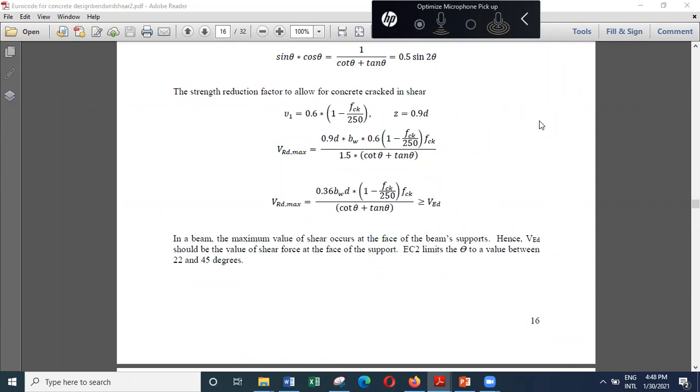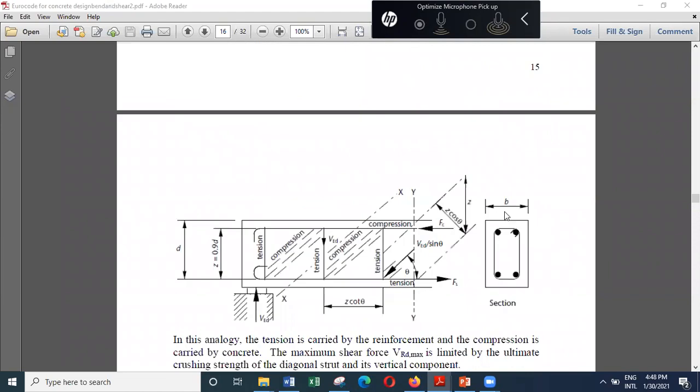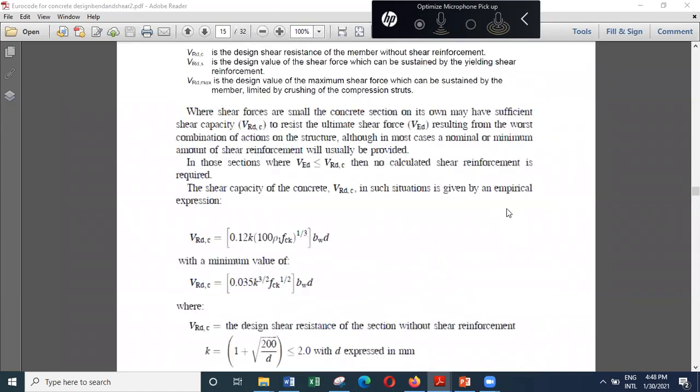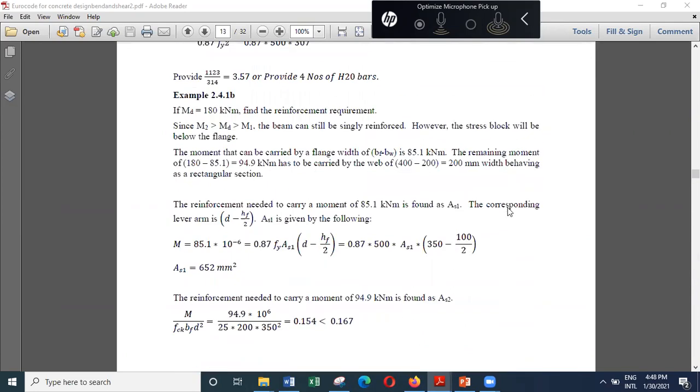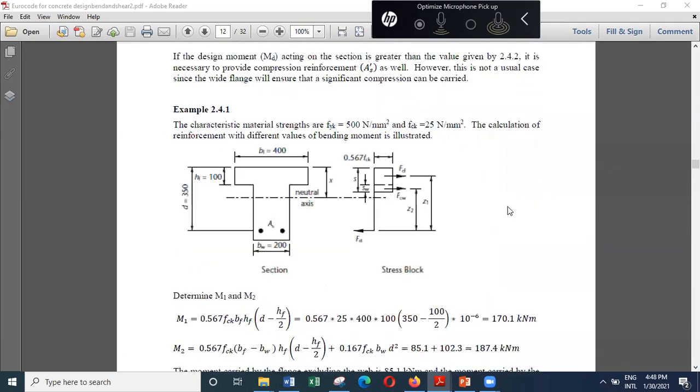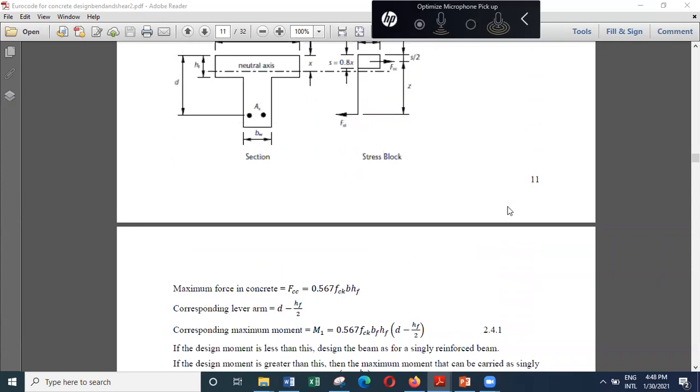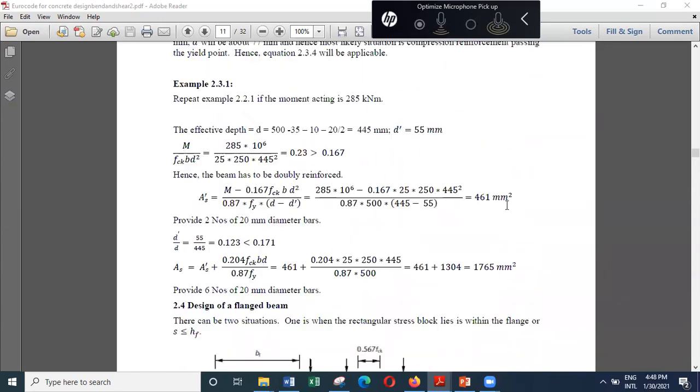Shamil? Okay, sir. Okay, right. So we'll continue next week, right? And we keep Saturday. So I have one question. Yeah. Yes. In example 2.3, there D dash over D is 0.123.